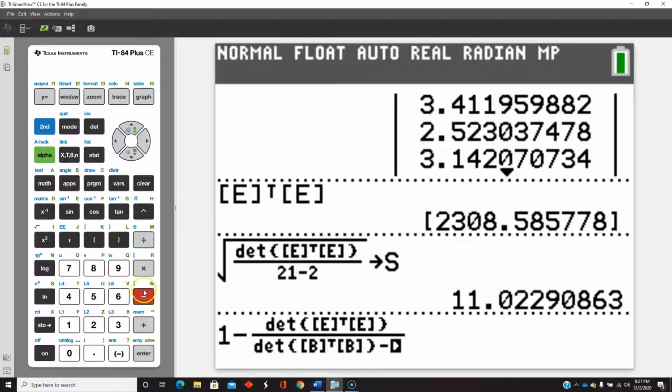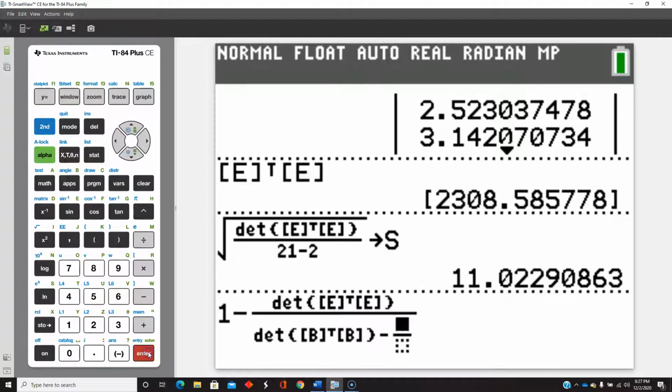and then minus, and then another fraction. So I have a fraction within the denominator of the fraction.